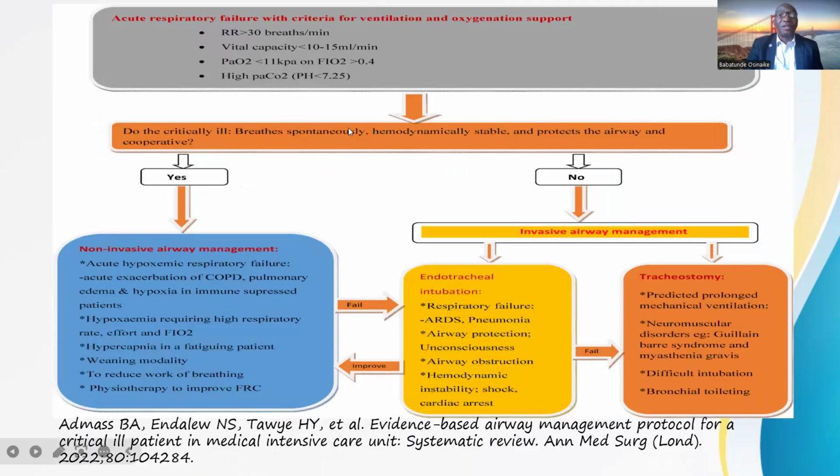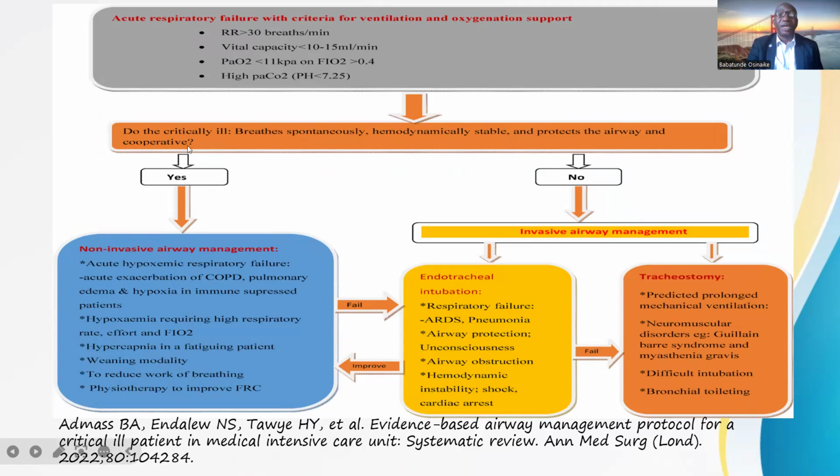Now, let's look at this guide. So in this patient, you want to check if the respiratory rate is above 30, and these are the criteria for ventilation and oxygenation in the ICU patient. Okay, vital capacity is less than 10 to 15 milliliters per kilogram. PO2 is low, and there is high PCO2.